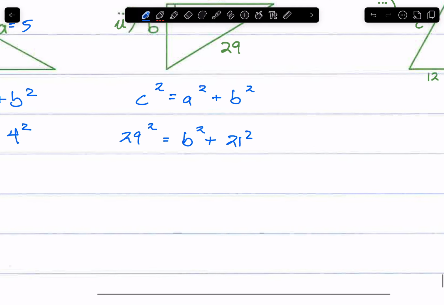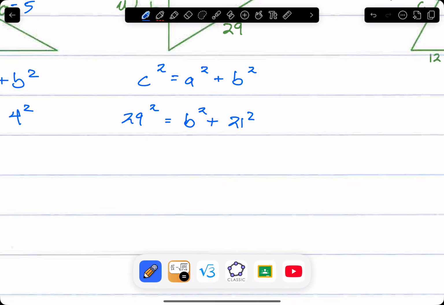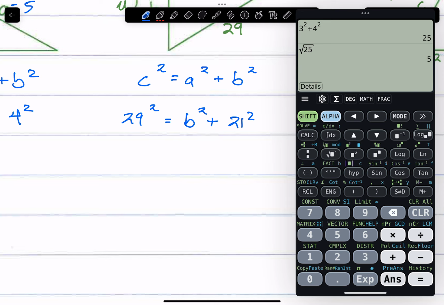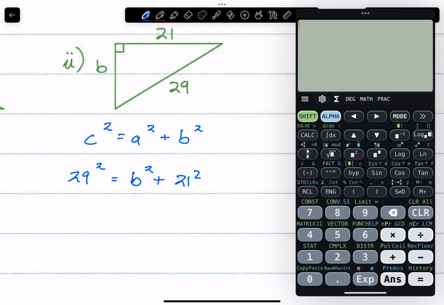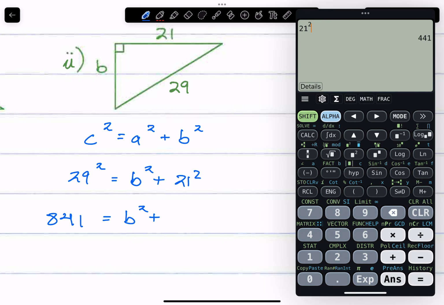And now we're going to evaluate our values. For this, I'm going to make 29 squared in our calculator. Let's type that in. So 29 squared is 841. b squared remains the same, so it stays as b squared. And 21 squared is 441.